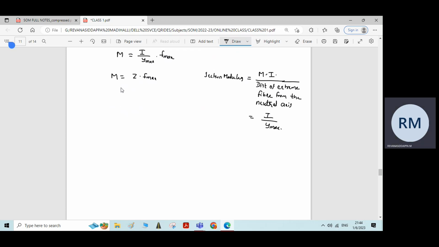Here in this equation you can see that the moment of resistance of the beam will be maximum when the section modulus is maximum. So the section modulus is one of the parameters which decides the moment of resistance of the beam. So this is about the section modulus.